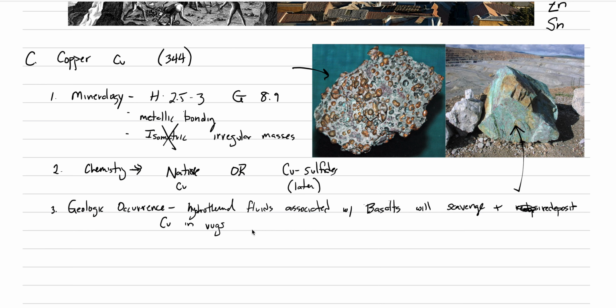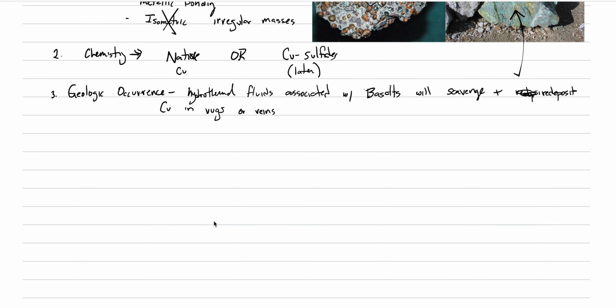Vugs are like openings, like a geode, or veins. And in the 1840s, this kind of copper was discovered in the United States.